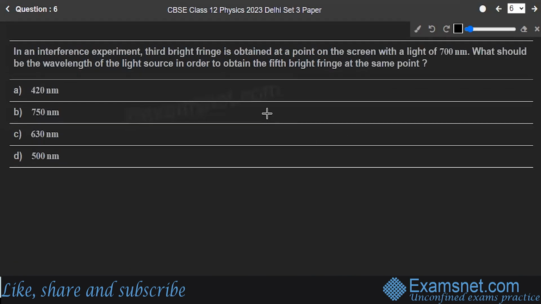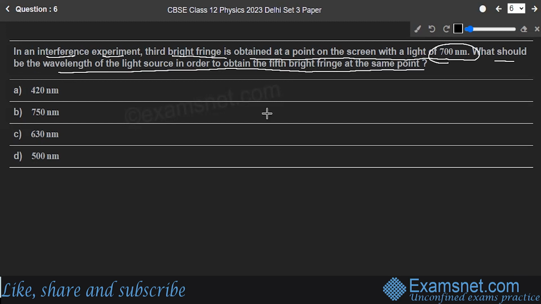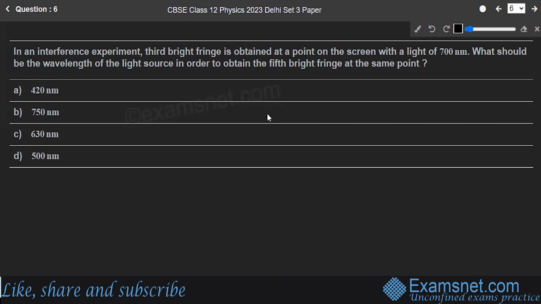Next is question number 6. In an interference experiment, third bright fringe is obtained at a point on the screen with a light of 700 nanometers. What should be the wavelength of the light source in order to obtain the fifth bright fringe at the same point? Before discussing the answer, the position of the nth bright fringe is given by yn is equal to n into lambda into D upon small d.